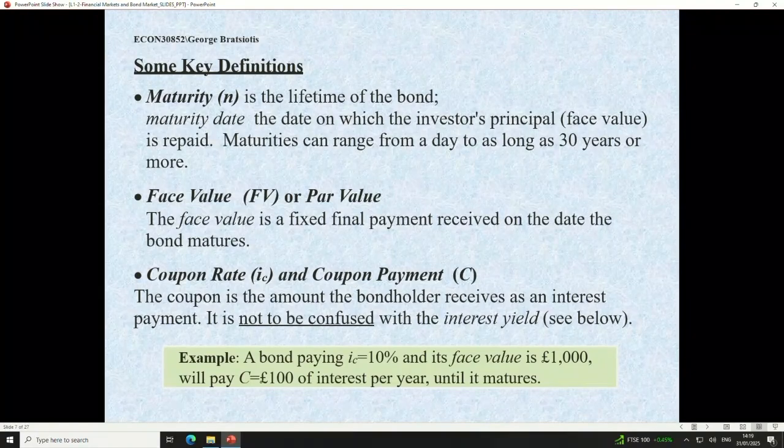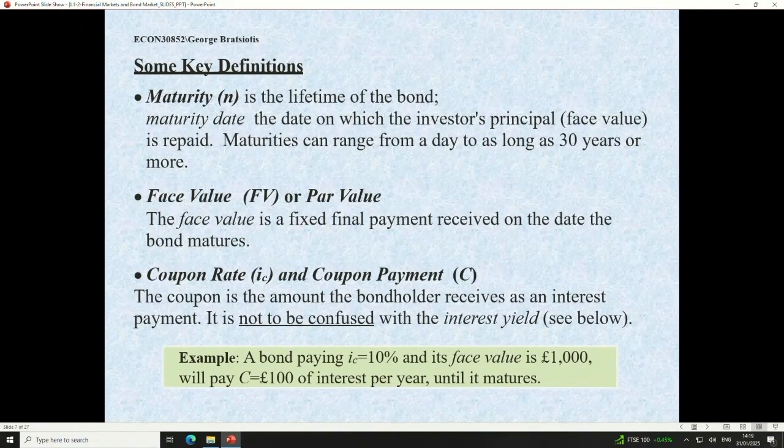When we talk about interest rates in this course, in the financial markets, there are 1,000 interest rates. The good thing with interest rates is they usually move in the same direction. So you're pretty safe to say it's going to go up or down because there's a domino effect. But do not be confused between the interest yield and the coupon rate.